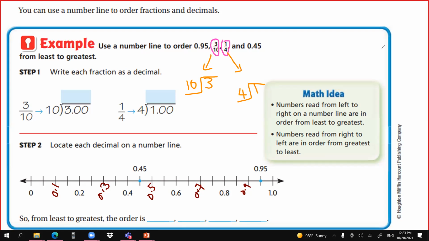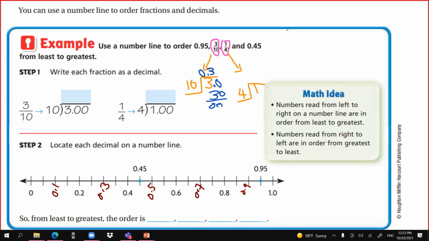Now, 3 over 10, as we said before, here we have the decimal point, then next I add 0. 30 over 10, it's 3. 3 times 10, 30. So now, 3 over 10, I write it as 0.3.